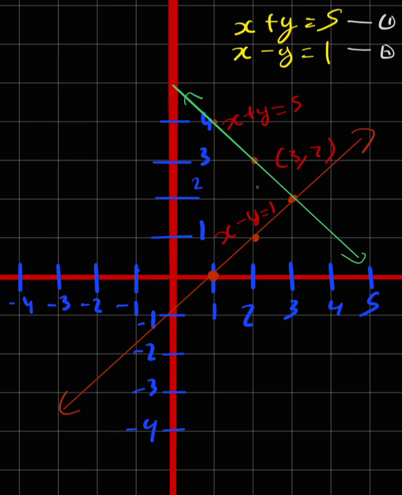So what we have identified is that on a graph, when you are given two equations, their intersection is the solution for your equations. It is where both equations have the same x and y value, and that's the graphical explanation for equations in two variables.